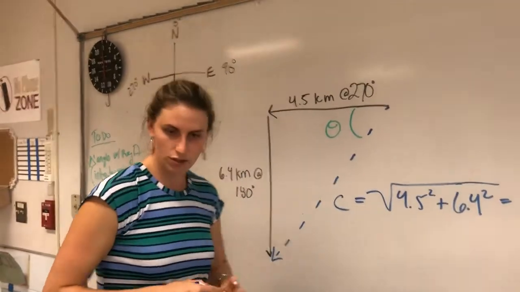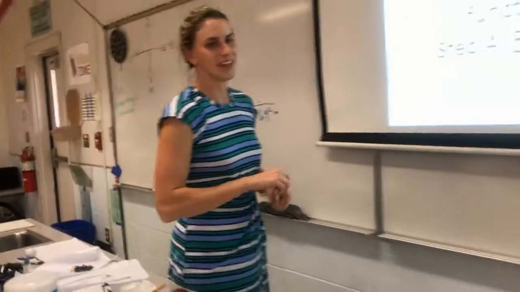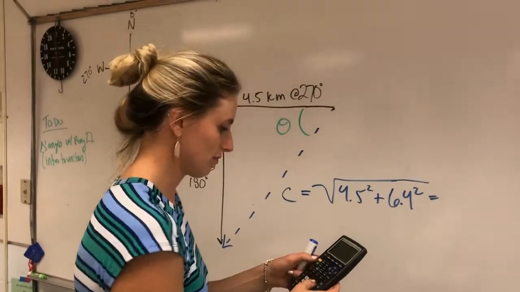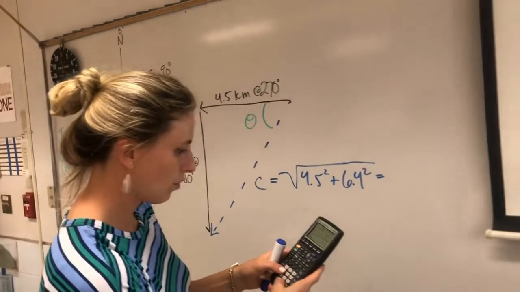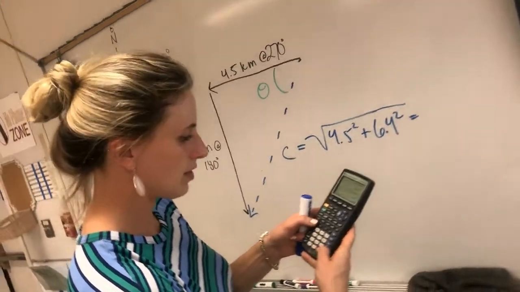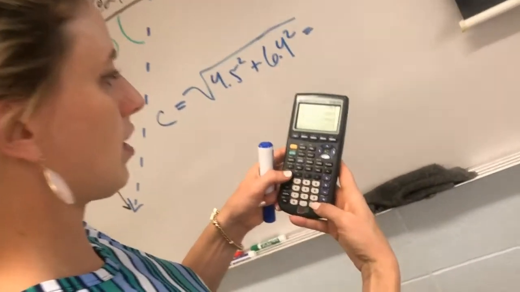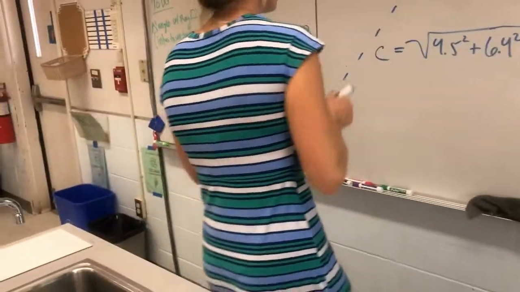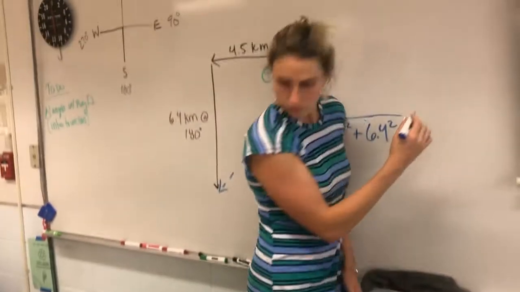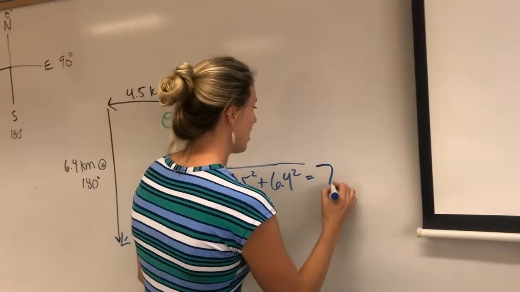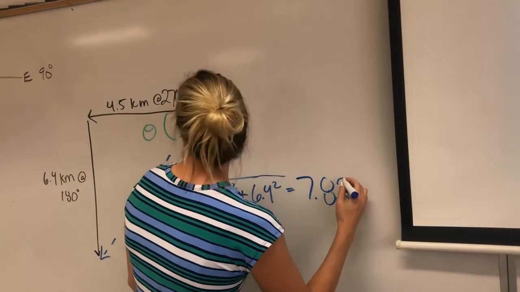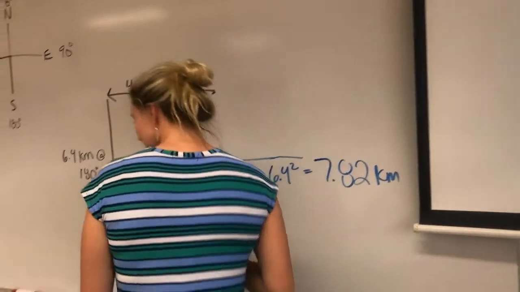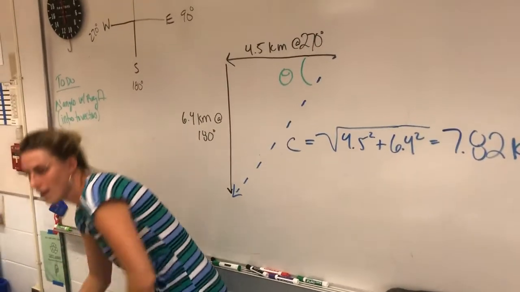When I add these two up in the calculator, square root of 4.5 squared plus 6.4 squared, I get 7.82. 7.82 kilometers. And that makes sense. It's longer than the longest one.